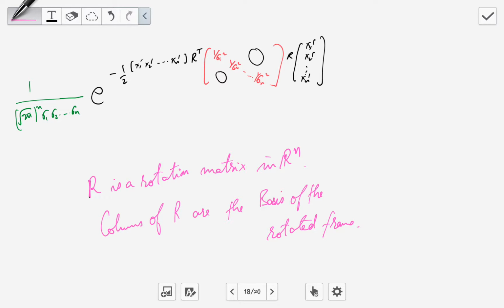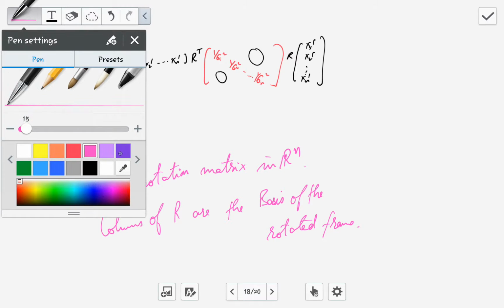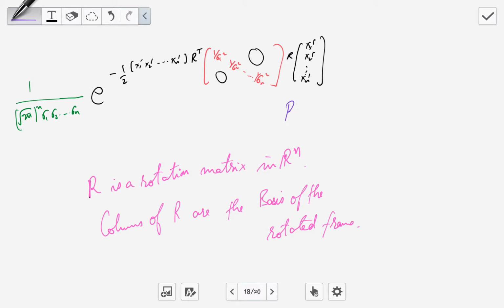Fine. Okay. Now, R transpose times the diagonal matrix with 1 by sigma 1 squared, 1 by sigma 2 squared, so on up to 1 by sigma n squared, times R is equal to Cx, called the covariance matrix.